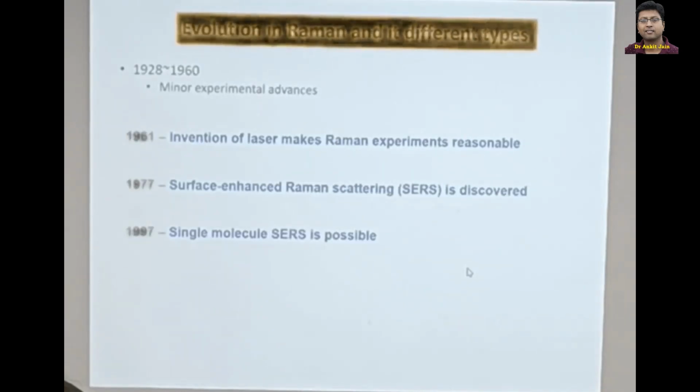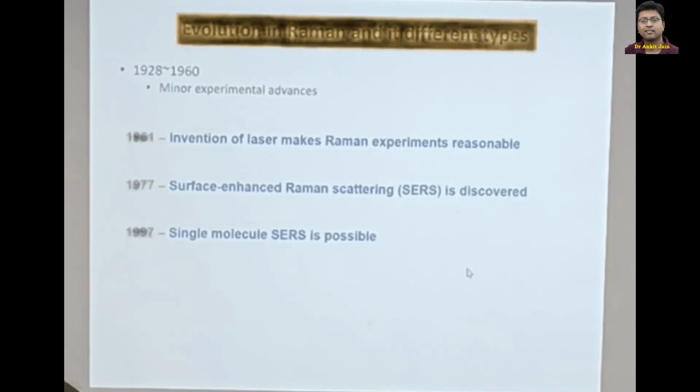So as I told you, the invention of the laser was not done till the 1960s. Once the laser was invented, it was much easier for us to see what was going on with the optics because of the laser's coherence.